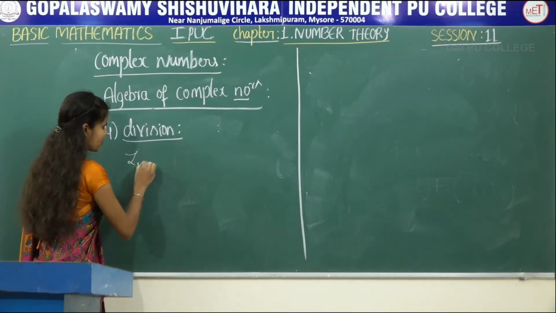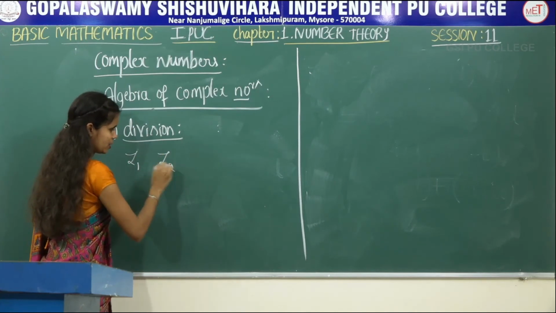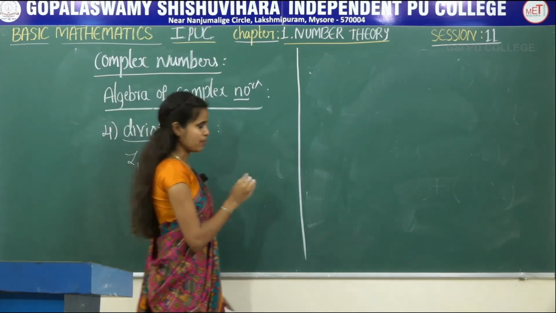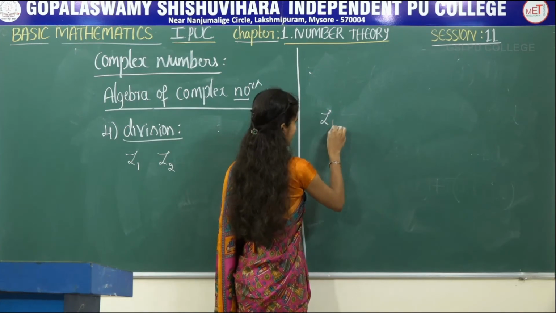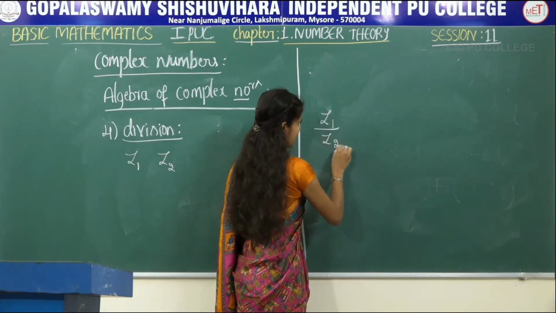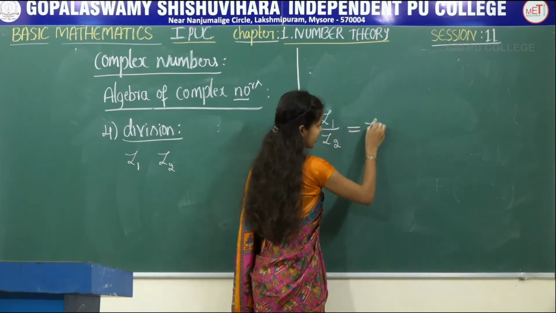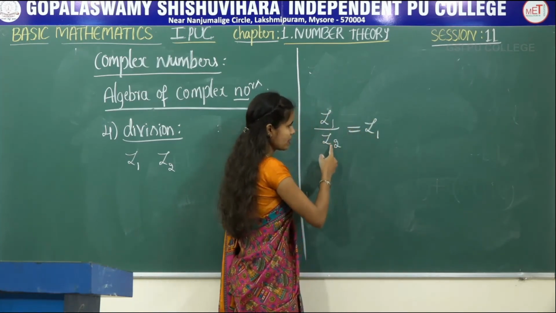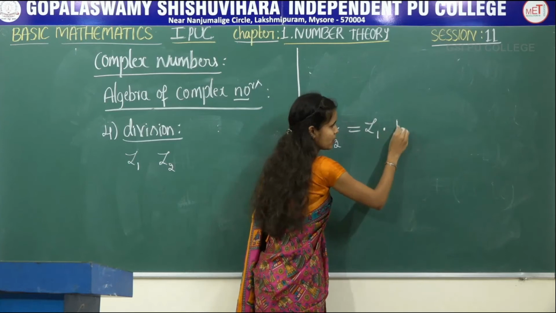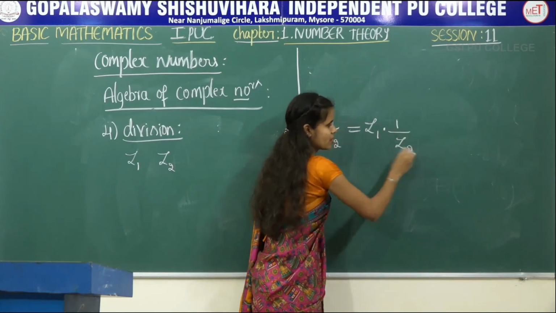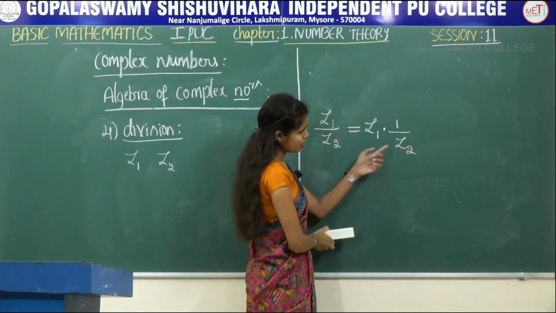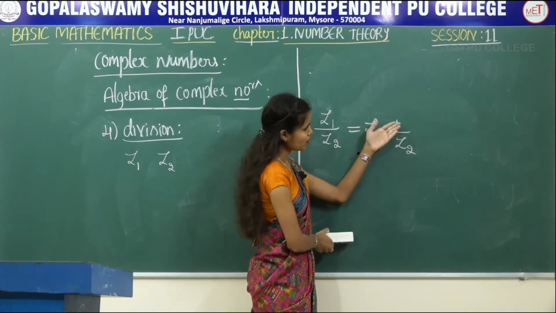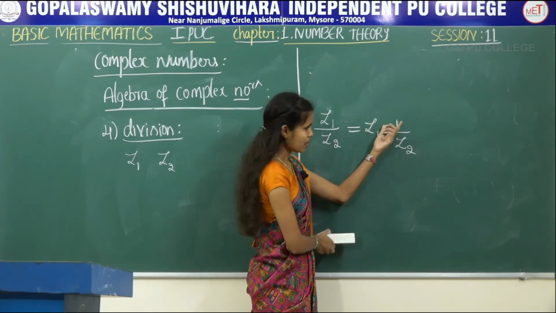Here consider two complex numbers z1 and z2. We want z1 by z2. Here z1 by z2 can be written as z1 into 1 by z2. We know that z2 is a complex number. Therefore, 1 by z2 is also a complex number.